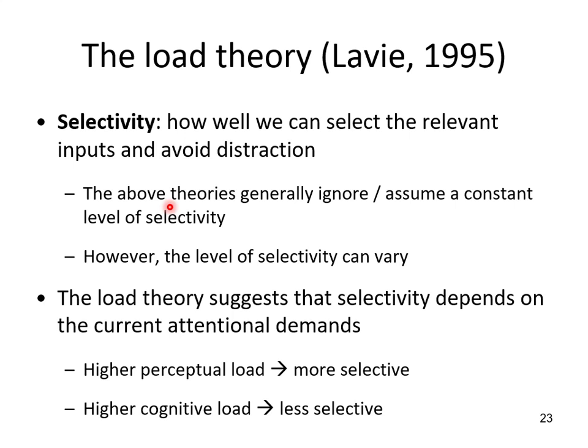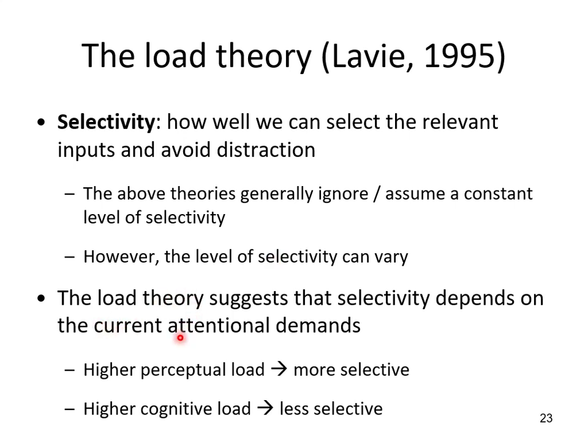So this example is saying that there are some factors, for example, how energetic you are or how tired you are, that may affect your level of selectivity. When selectivity is good, you can avoid distraction. When selectivity is bad, you will process the distractors. In other words, we want to look at what factors may affect the level of selectivity today.